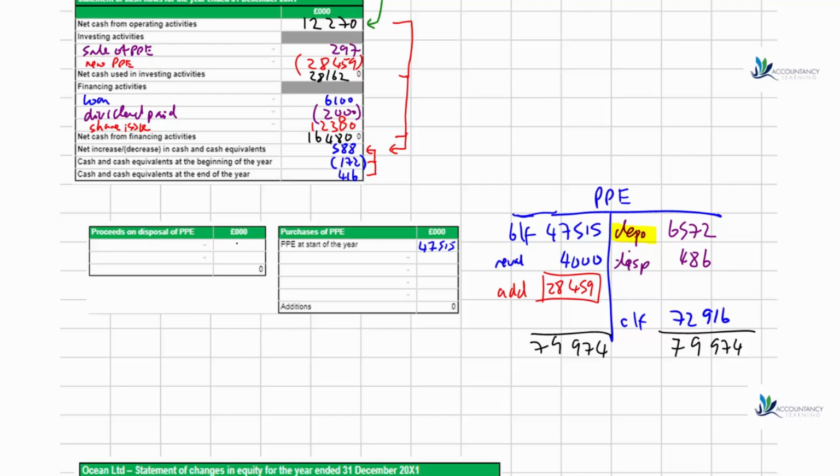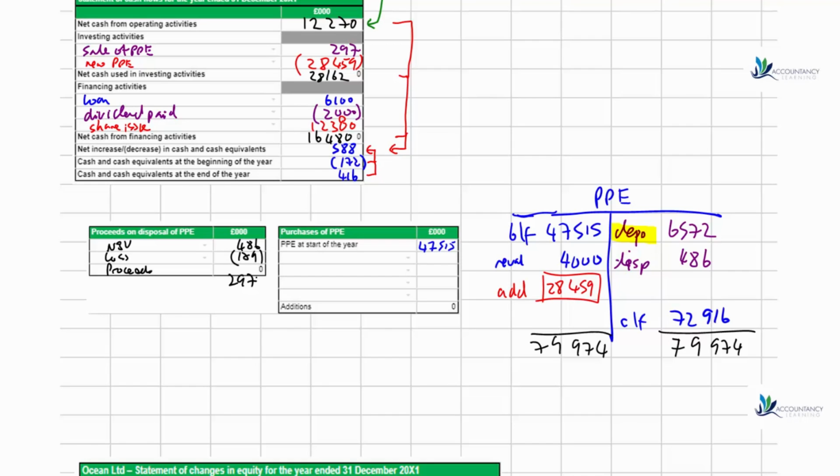So yeah, I think we need to work out the proceeds, don't we? Yeah, that was the missing number. So yeah, we would have used our net book value, which was 486, and then we had a loss of 189. So yeah, that would give us our 297.